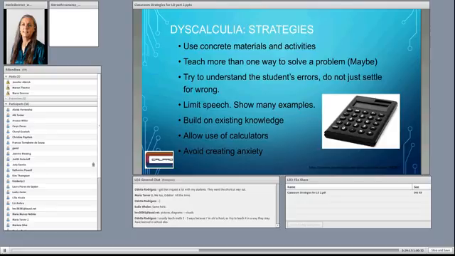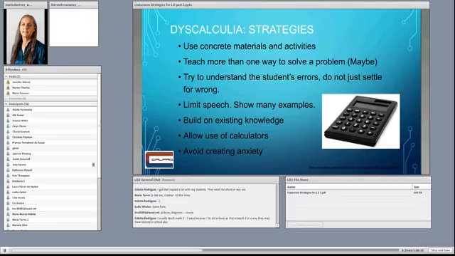Build on existing knowledge, allow use of calculators. A lot of people with learning disabilities have the use of a calculator as one of their accommodations, although using a calculator can be a whole other set of problems, because learning how to use a calculator and being accurate on that calculator and pushing the right buttons can be a whole other ball of wax, really.